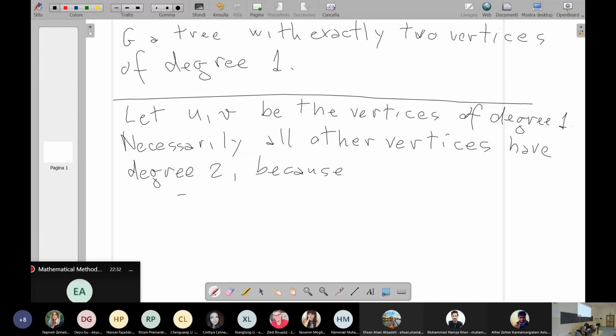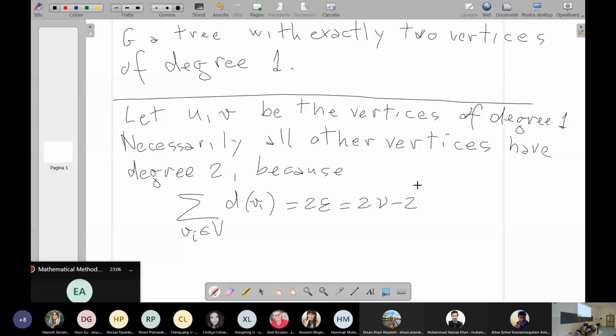if I take the sum of all degrees of the vertices Vi in the set of vertices, we know from a proposition that it is twice the number of edges, but the number of edges in a tree is n minus 1, so this is 2n minus 2, okay?